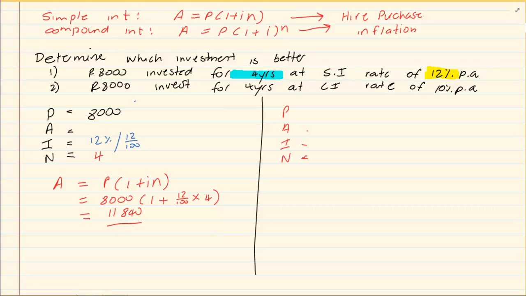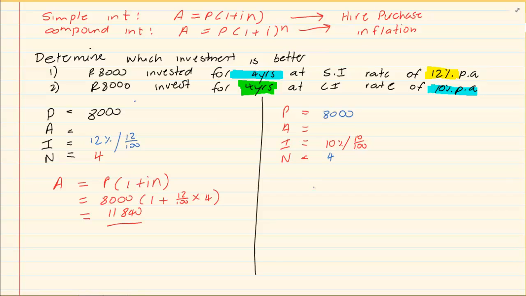Now let's calculate the compound interest. Again, you still use your PAIN. We fill in our information. Now be careful, it is not the same as your simple interest. The interest rate now is 10%. So we have our interest of 10%, and we are also investing it for 4 years.